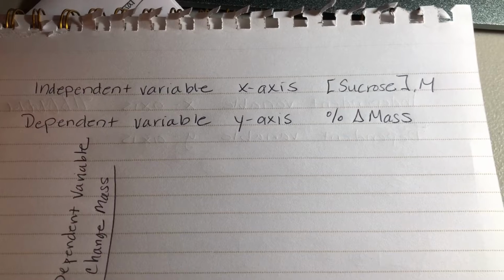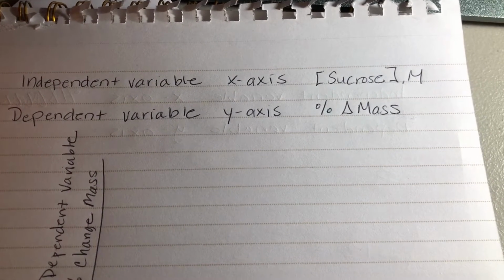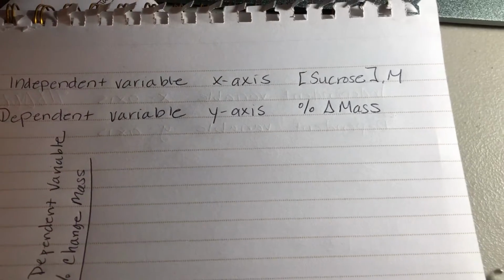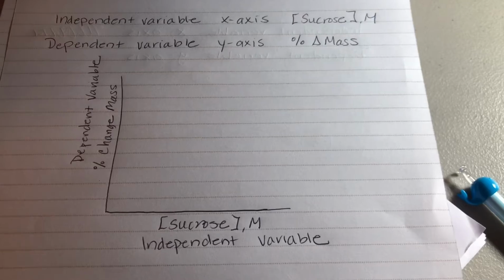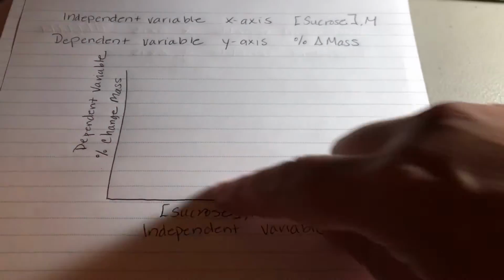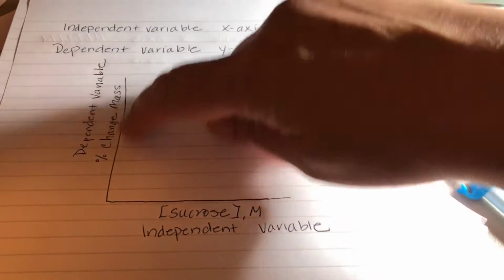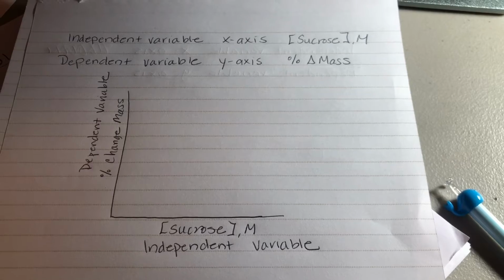The dependent variable will go on your y-axis, and that is the percent change of mass. At very minimum, it's going to look like this. So here we have our sucrose, and this is our percent delta mass here, or change in mass. That's what it's going to look like at minimum.